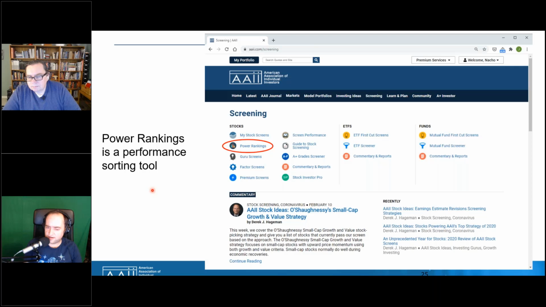Mark asks, for the characteristics of the screens, is there a table or some list that shows which characteristics are good or bad, too high or too low, for example? Is there something out there for folks to reference? Yeah, there is no specific table of that nature. It probably depends more on the style, and would coincide with what your beliefs are.